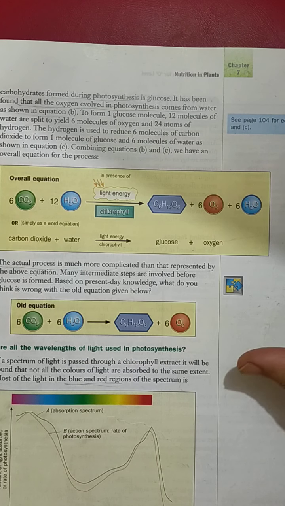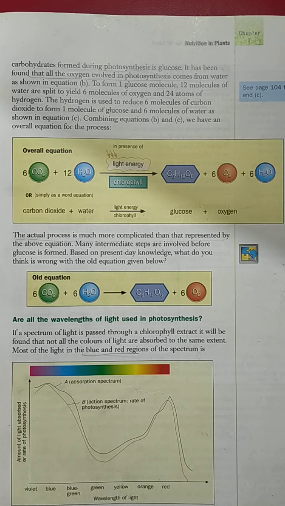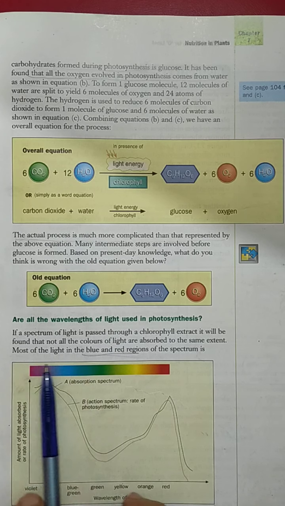Okay, so here we have read that photosynthesis is completed in 2 stages. One is light dependent reactions and one is light independent reactions or dark reaction. Now one more thing to consider is that photosynthesis takes place in the presence of light, and you know that light is made up of wavelengths of different colors, and these different colors combine and make 7 colors.